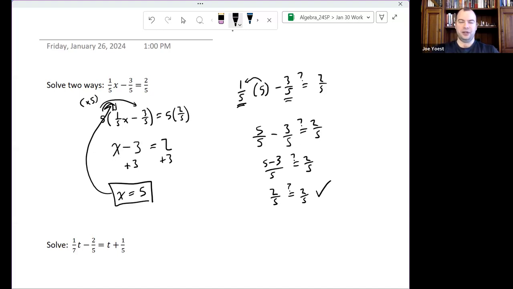And we do see that we come up with something where the two sides of the equal sign are identical. So we have confirmed that x equals 5 is the solution.